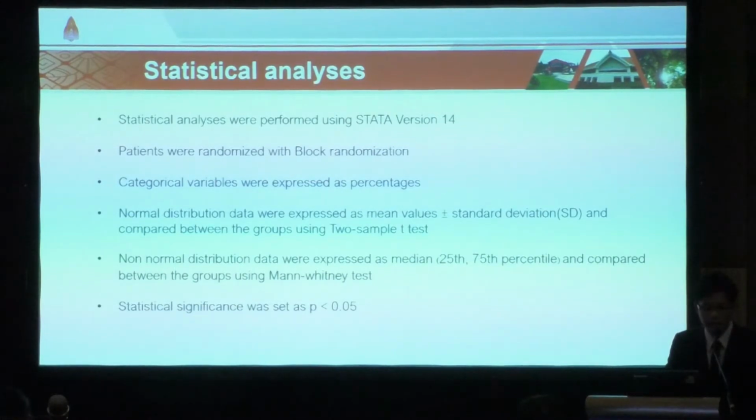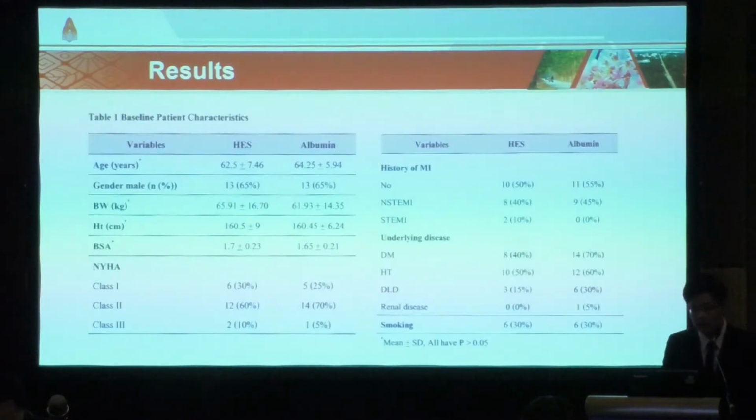Categorical variables were expressed as percentages, and normally distributed data were expressed as mean and standard deviation and compared between groups using the two-sample t-test. Non-normally distributed data were expressed as the median and compared between groups using the Mann-Whitney test. Statistical significance was set as a p-value less than 0.05.